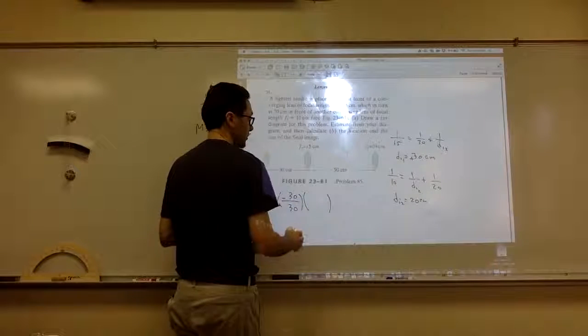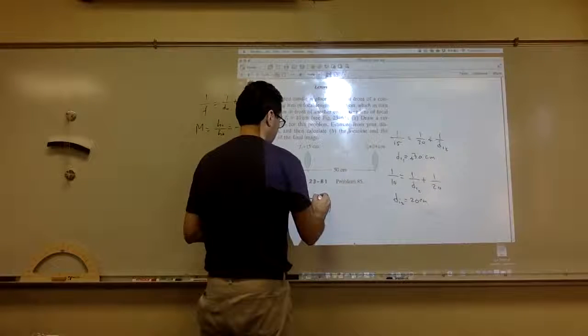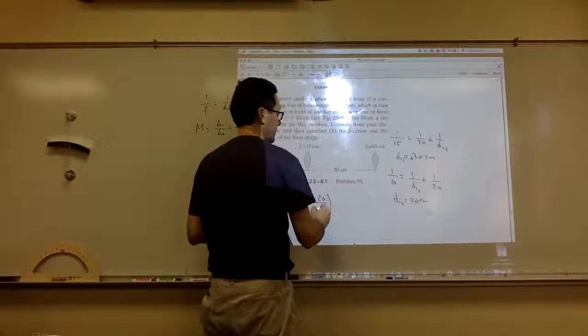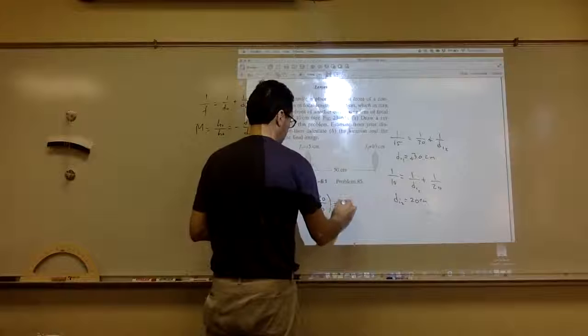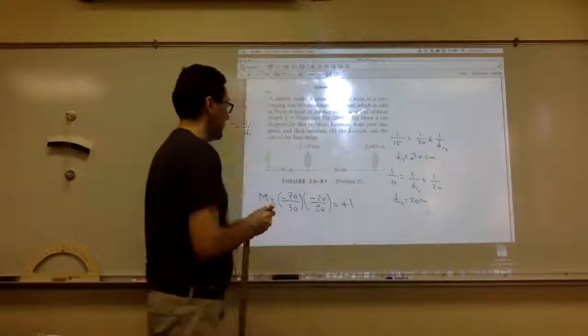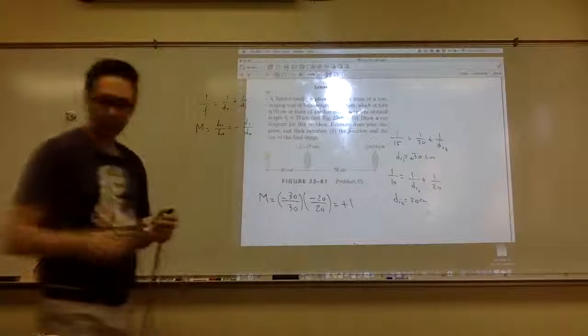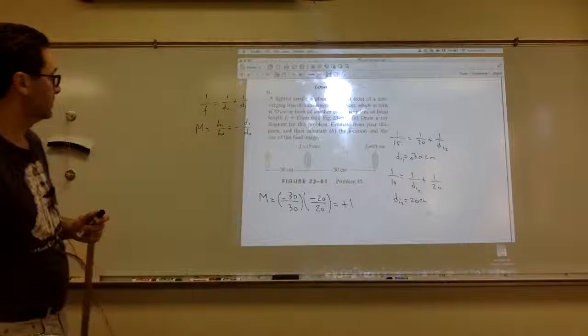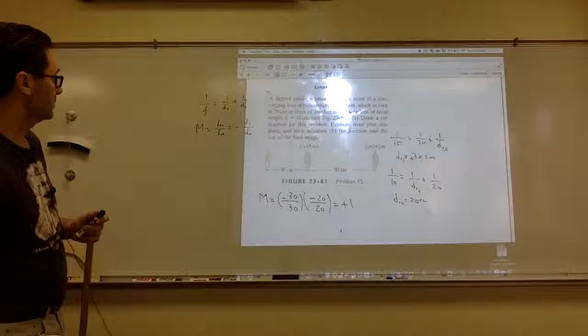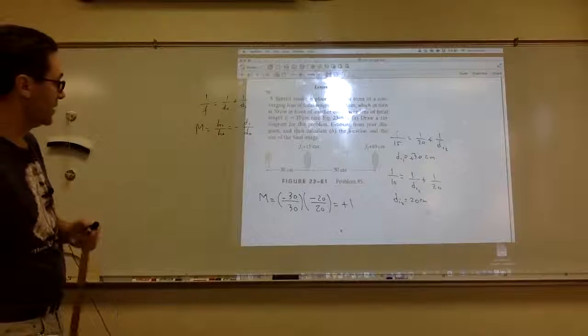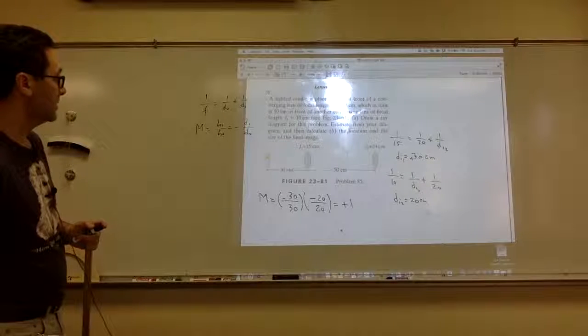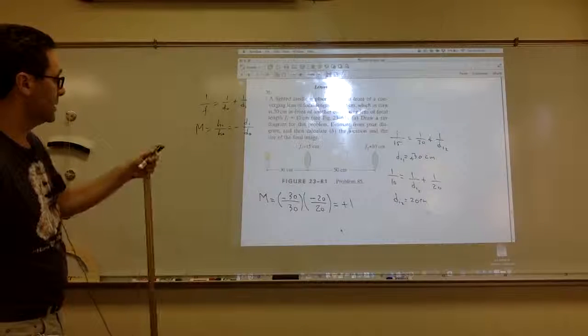Now we do the magnification of the second one. It's going to be negative di over do. And that should be a positive 1. And that's why it looked upright at the end, but it was still real. And the fact that the magnification is positive 1 means that it's the same size as what you started with.